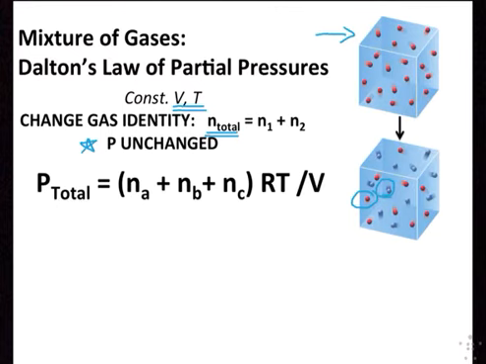Okay, so from the ideal gas law, the first thing we can say is if N total equals the number of moles of substance A plus the number of moles of substance B plus the number of moles of substance C, etc., then we can just say P total equals N total RT over V, and we can then say something about the partial pressures based on the numbers of moles of each component.